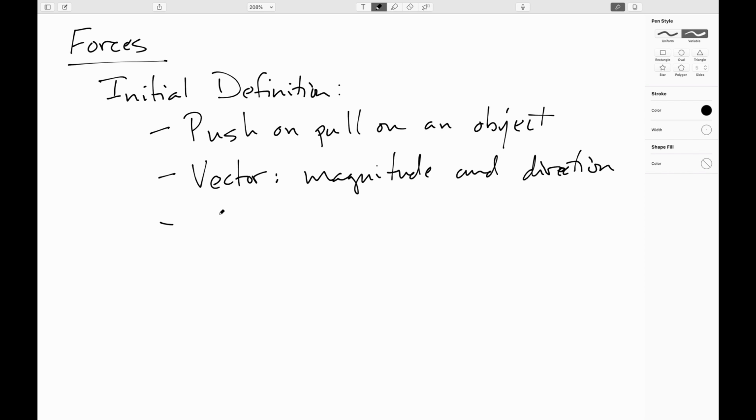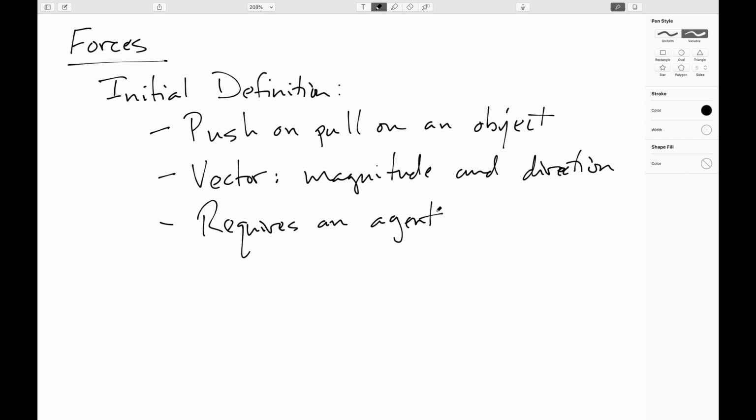Also, we realize that it requires an agent, as in something has to be doing the pushing or the pulling. For instance, I throw the ball. My hand is pushing on the ball.